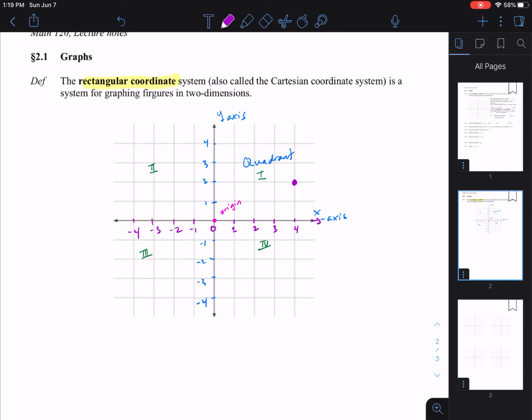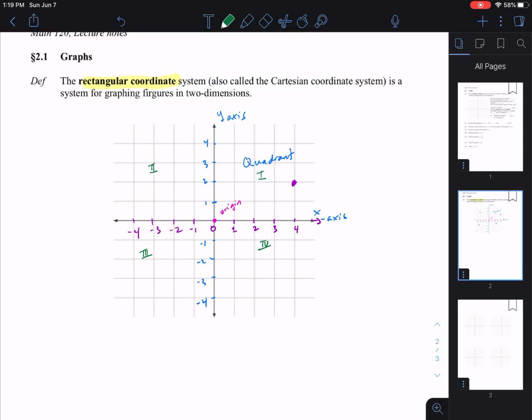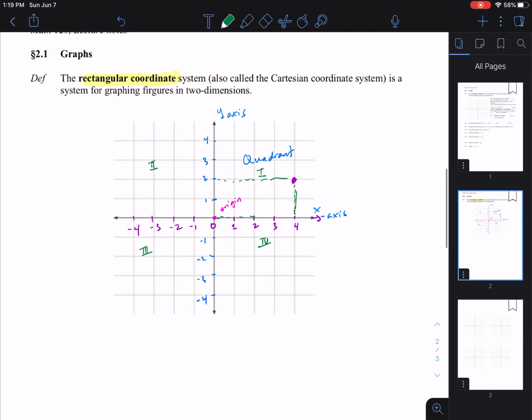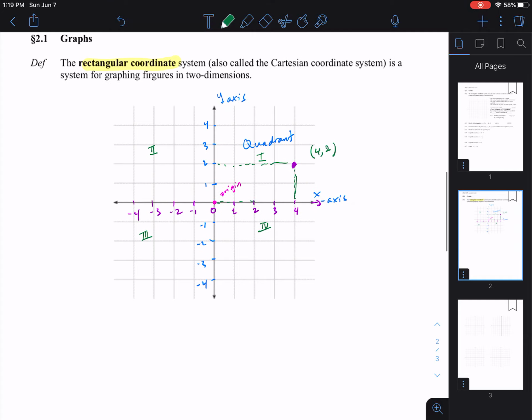That position there is 4 units on the x-axis positive, and then 2 units on the y-axis. So we can say, all right, that location there is 4 comma 2, and then we call this here an ordered pair.